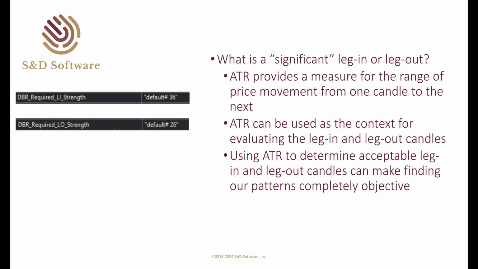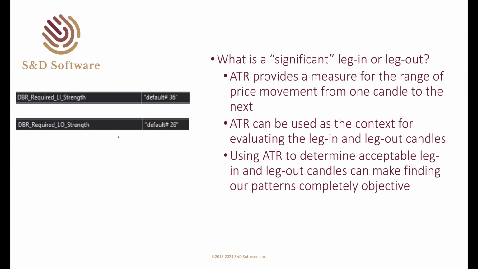And our default for the leg out strength is we're looking for a leg out to be at least 1.25 times the ATR. And that is what we would consider to be a significant leg out.